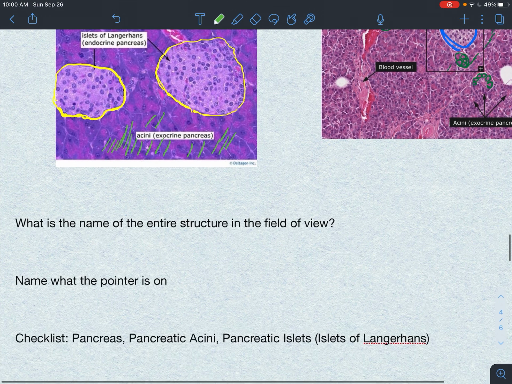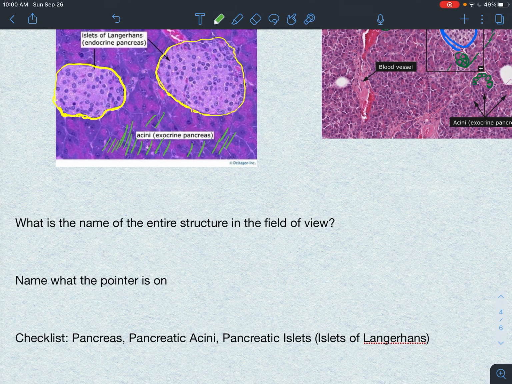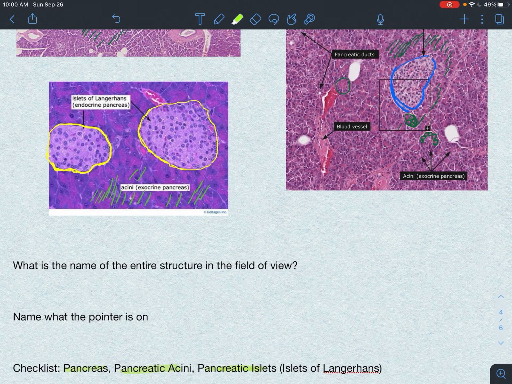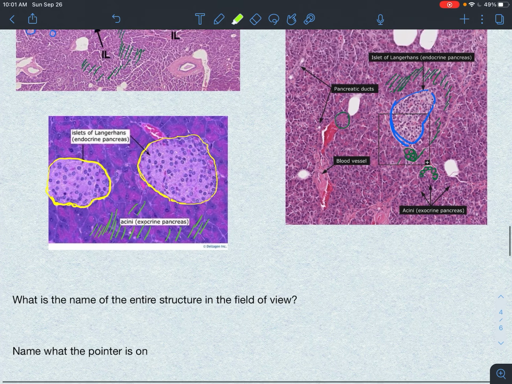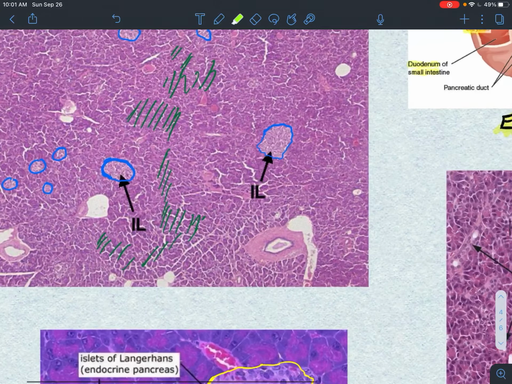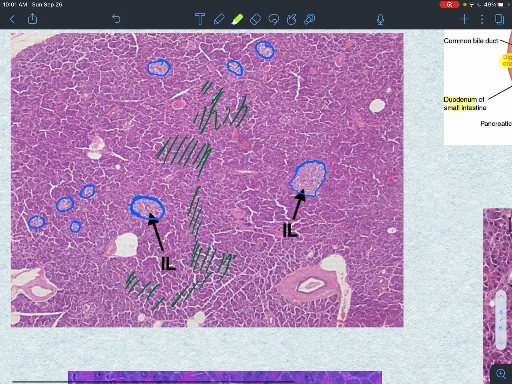Okay, so again, let's look at the checklist. We've got, of course, right, pancreas, pancreatic acini, or pancreatic islets. So it's a pretty short checklist, and it should be pretty easy to do as long as you can realize you're looking at the pancreas. Then the checklist is pretty easy. So if the question is, right, what is the structure in the field of view?